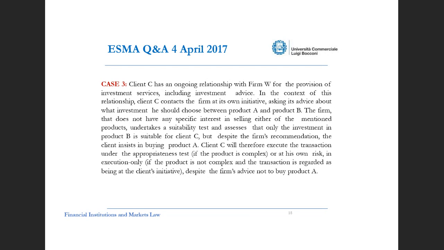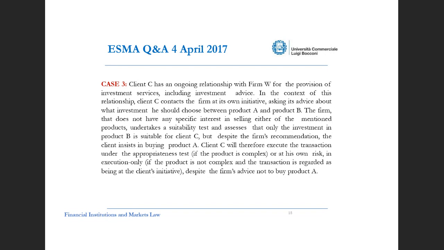So this is okay because, differently from the case before, the firm has formally advised the client against that investment. But ultimately, clients are always free to decide by themselves, but in a different context.